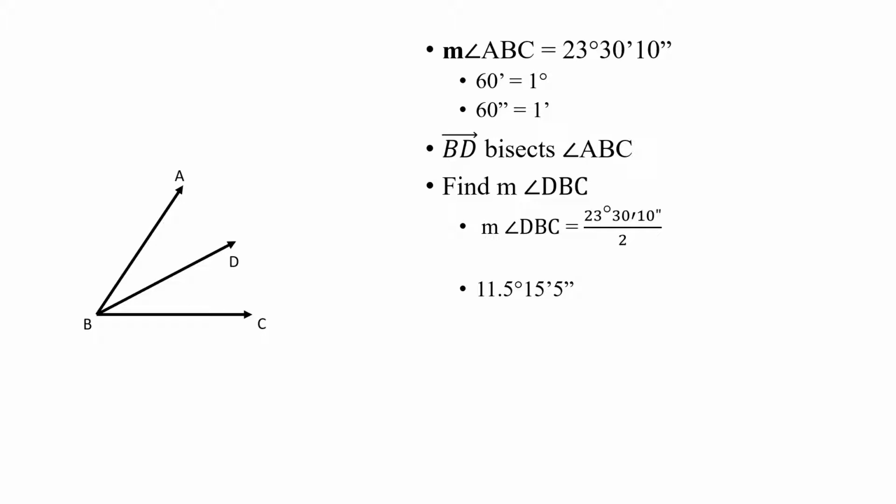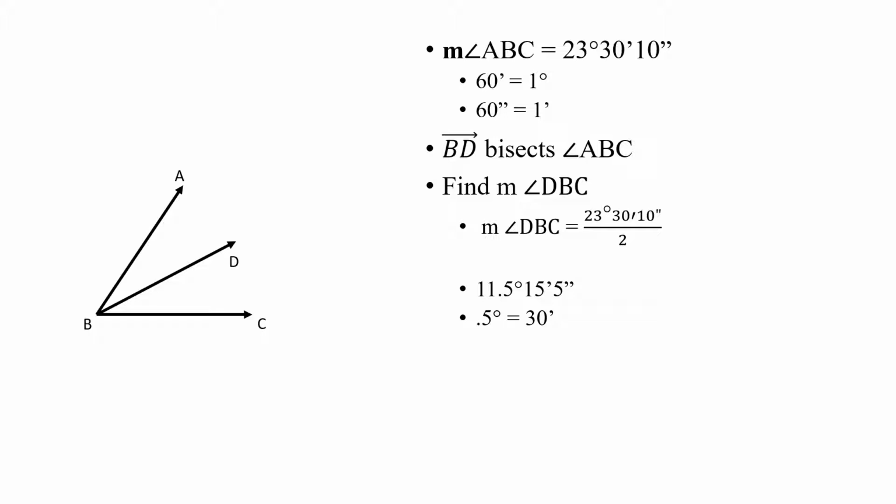This is mostly fine, but we want to get rid of this half degree. We want to put that off into the minutes area. How much is a half a degree? Well, if 1 degree is equal to 60 minutes, then a half a degree is equal to 30 minutes.